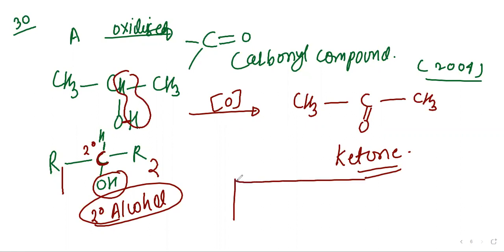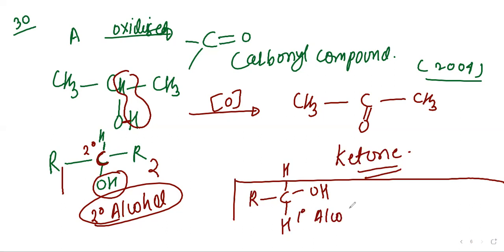So see here, I will give you a brief recap. When an aldehyde is there, like R, C double bond O. Now I am taking first a 1-degree alcohol. So this is your OH, and this is your H. This is a 1-degree alcohol.